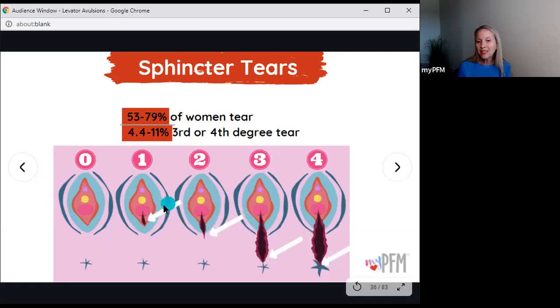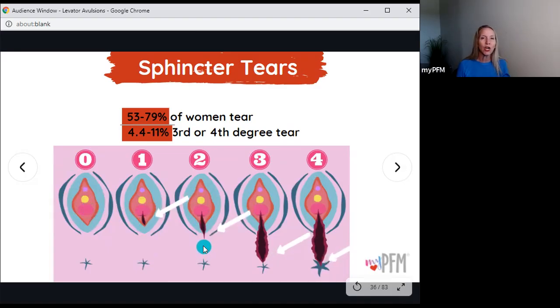So here's a little schematic of the vulva. Here's a grade 0, which is nothing, you didn't tear. A grade 1, that's the vaginal opening, that's the anus, so that's a little tear. A grade 2 is a more extensive tear, and there can be multiple levels of grade 2. There can be grade 2s that go all the way right up to the anal sphincter muscles.